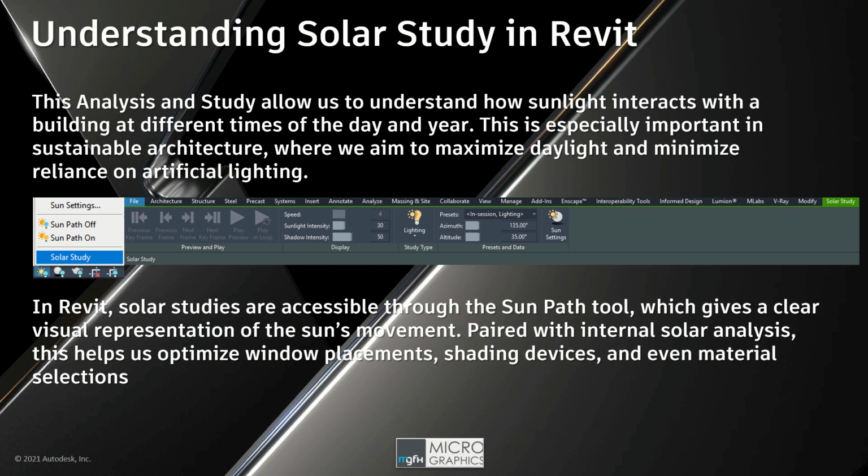In Revit, you have your sun settings, a sun path, a solar study, and shadows. So in Revit, solar studies are accessible through the sun path tool, which gives a clear visual representation of the sun's movement. Paired with internal solar analysis, this helps us optimize window placement, shading devices, and even material selections.